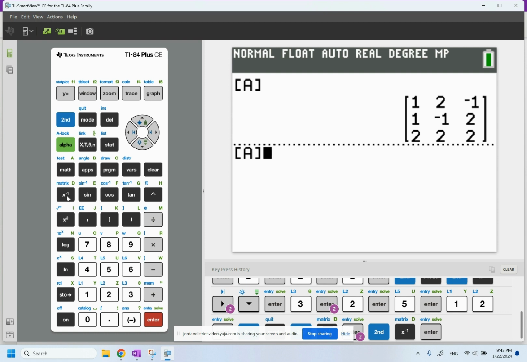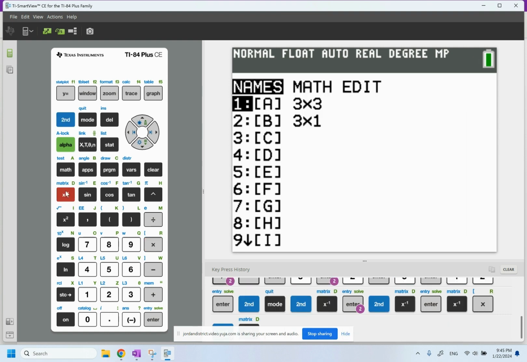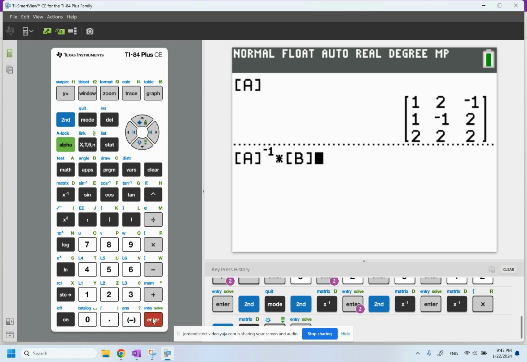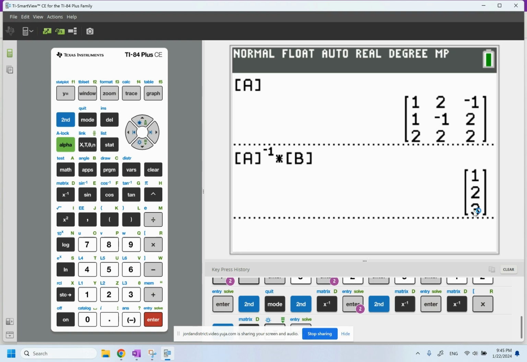That x to the minus 1 gives me the inverse of A. And then I'm going to hit times and then B. So I'm going to hit second function, go down to matrix, scroll down to B, highlight the B, then hit enter, and it gives me inverse of A times B, and then I'll just hit enter, and it gives me the solution 1, 2, 3.